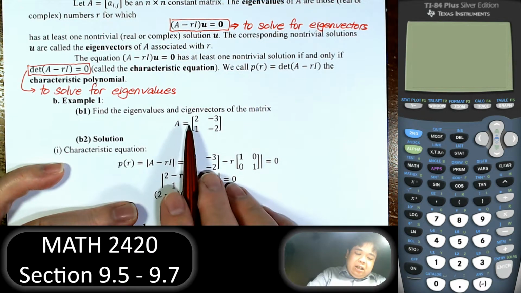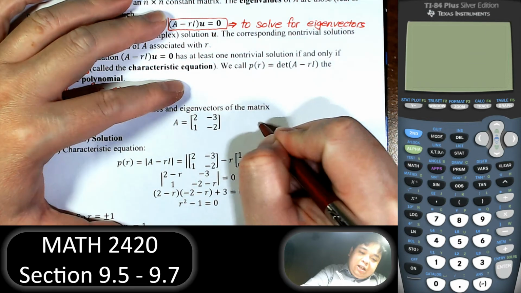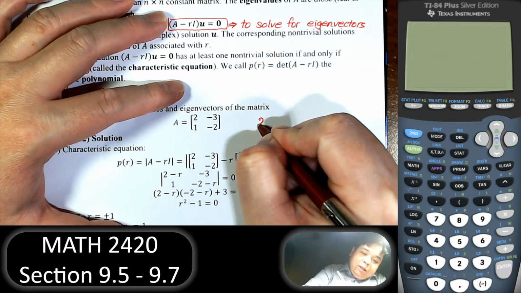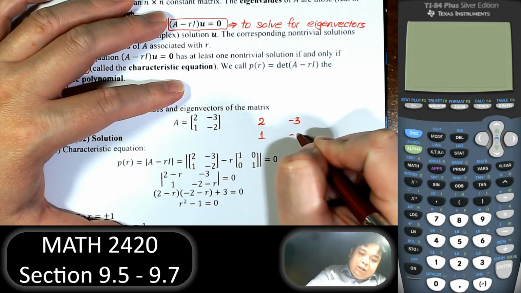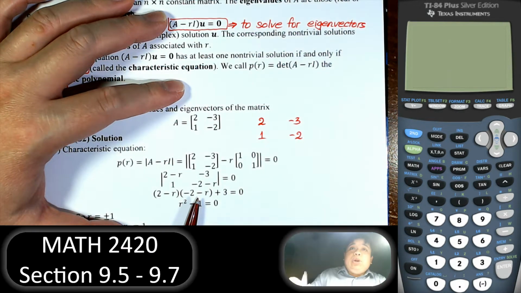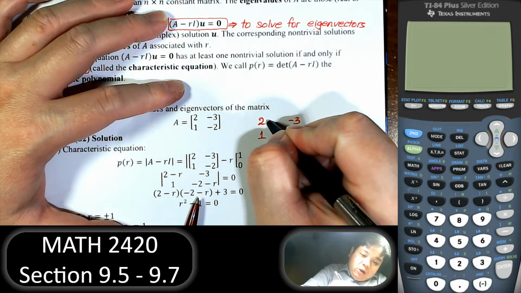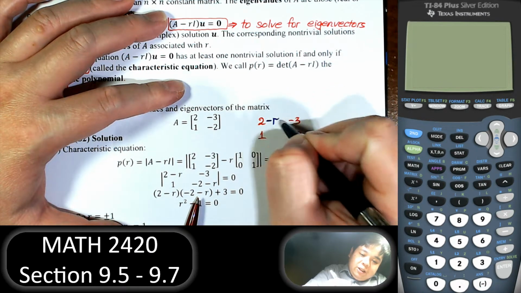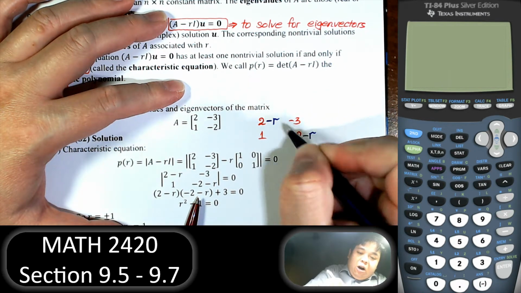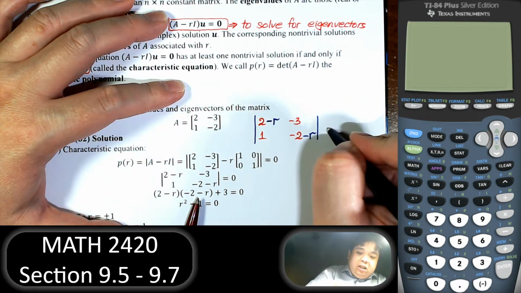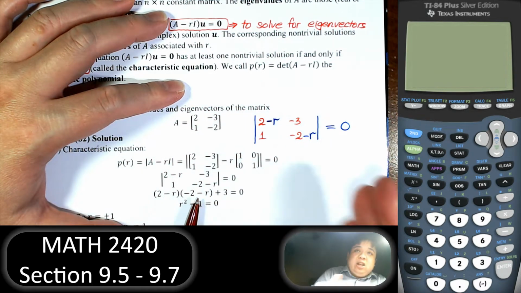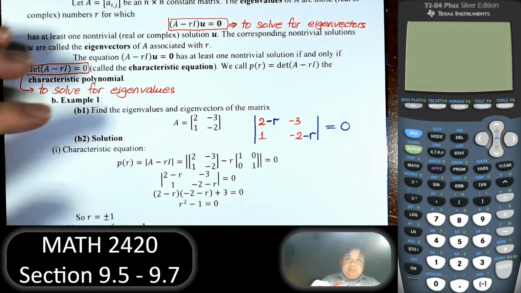So basically, we just have the matrix A, and what we do is subtract R on the diagonal, find the determinant equal to 0, and then solve for R. So this one's clear, right?